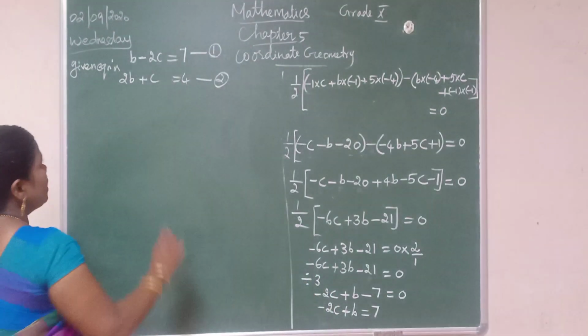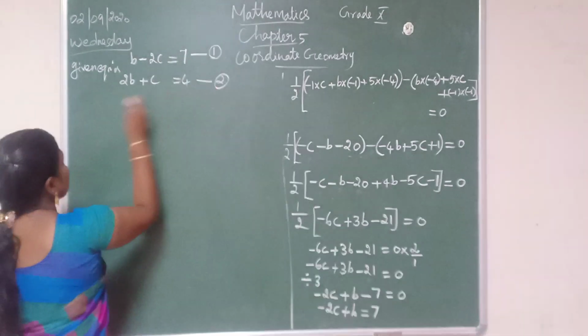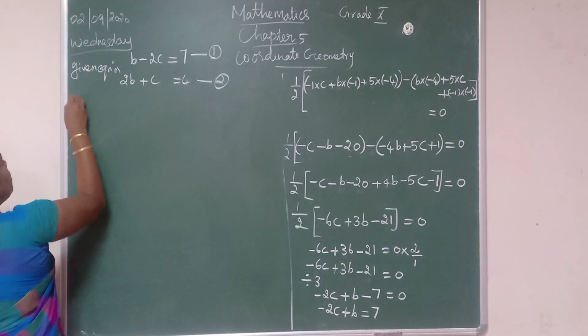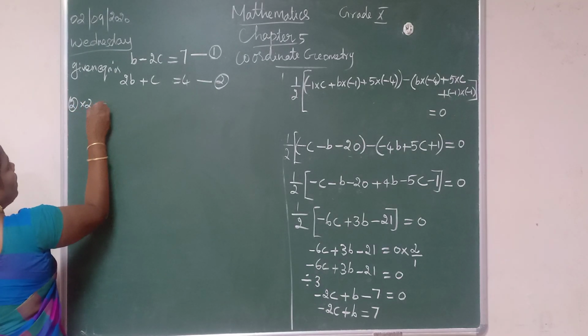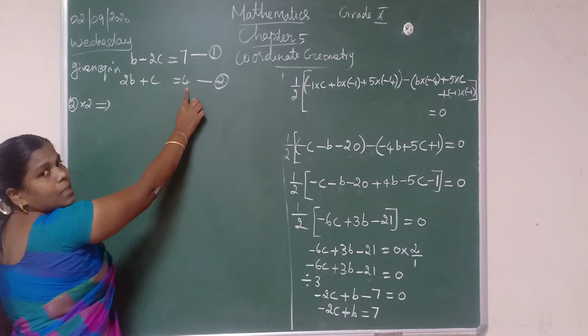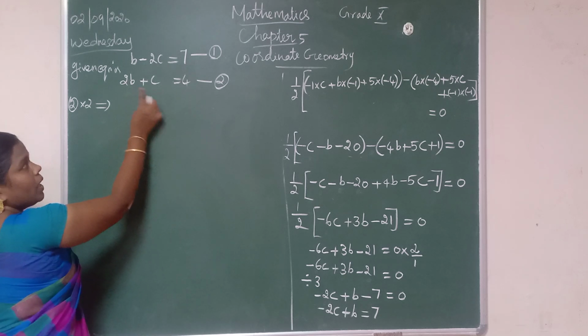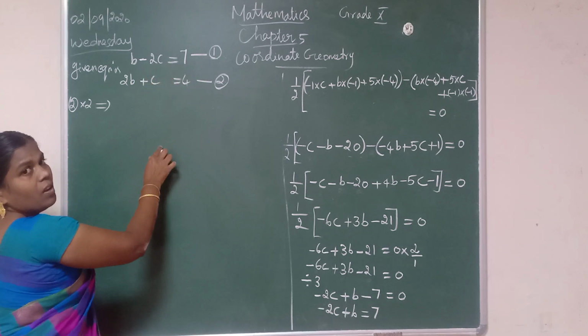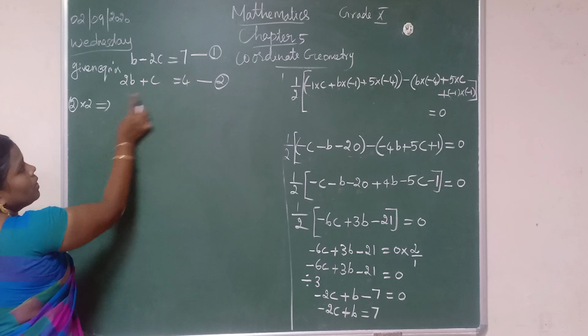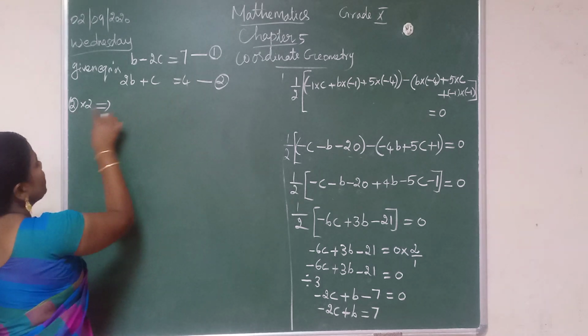So now let's multiply equation 2 by 2. To cancel any one variable, we multiply equation 2 by 2.